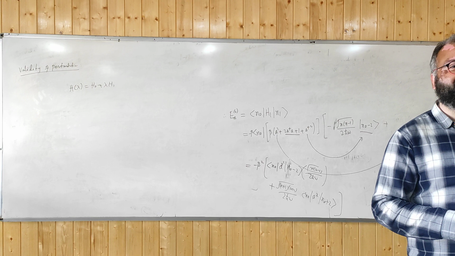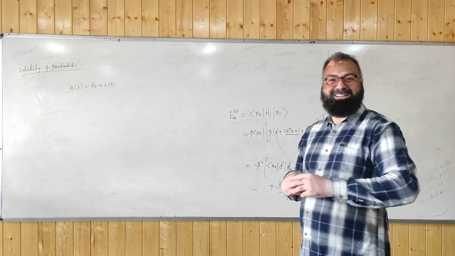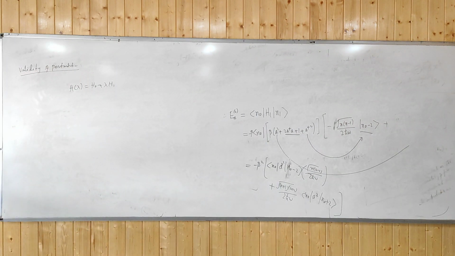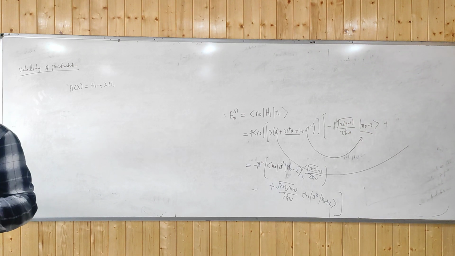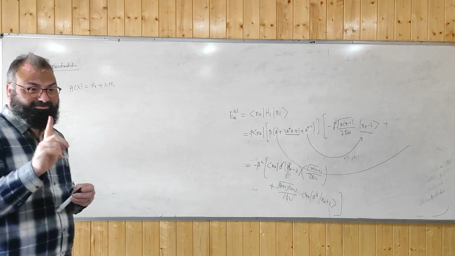Yes? Simple example, semiconductors? Yes, hydrogen. When can I consider hydrogen to be a two-level system? Not hydrogen, an electron in a given potential, you can consider it as a two-level system when?